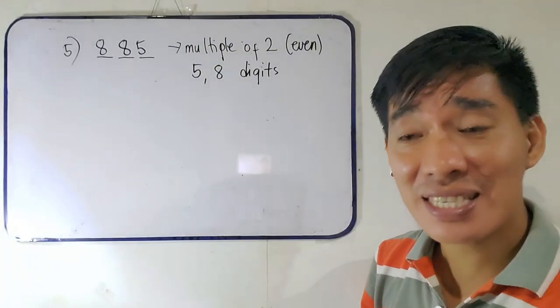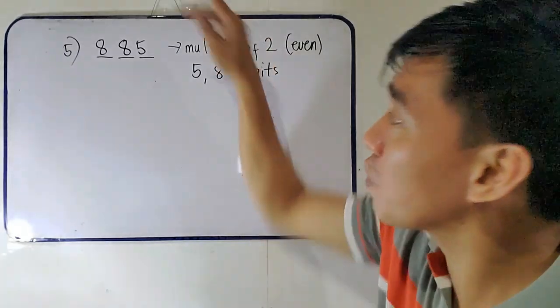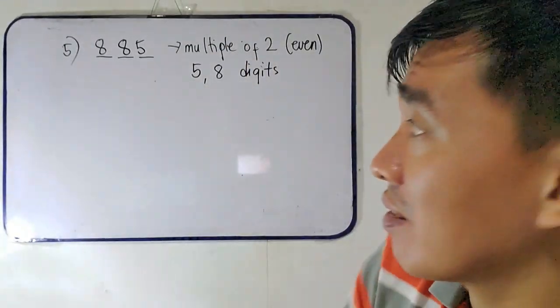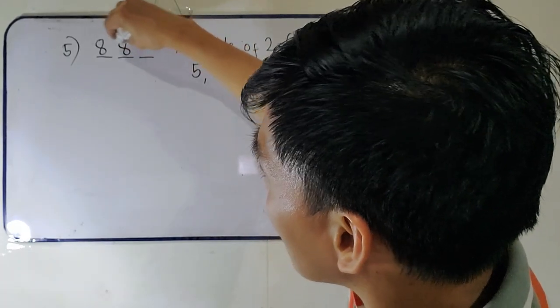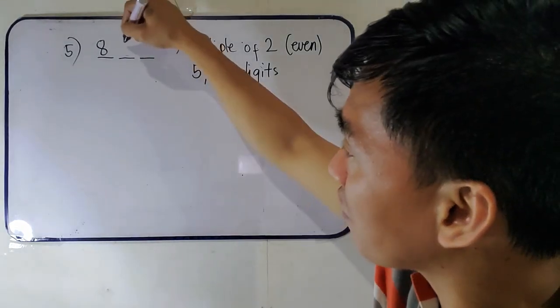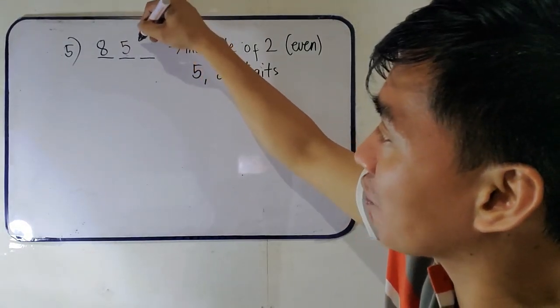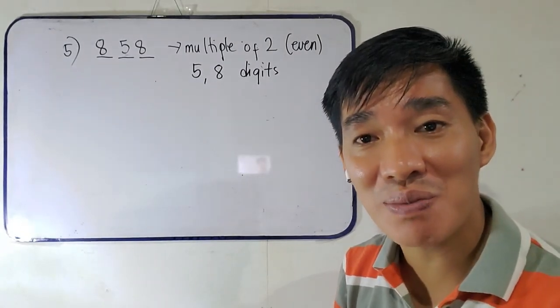However, in this case, it should be a multiple of 2, so even. So we could not use 5 here. Instead, we will just use 5 here, and of course, we will return 8 here. That's the biggest number that you could make.